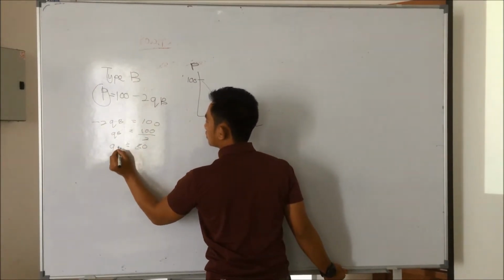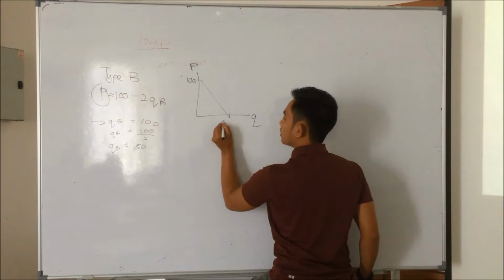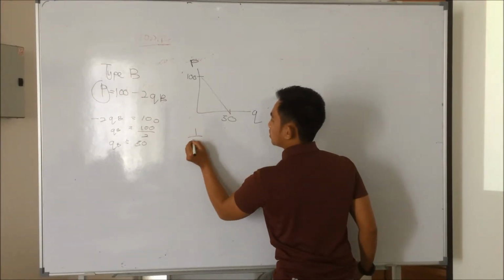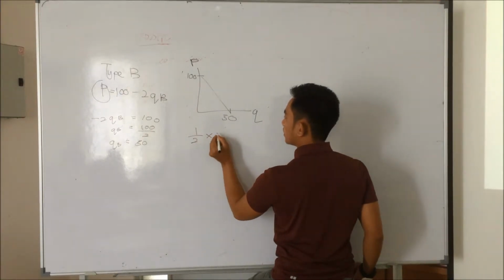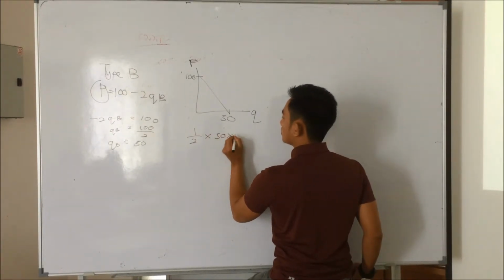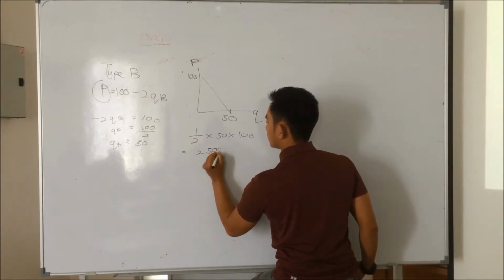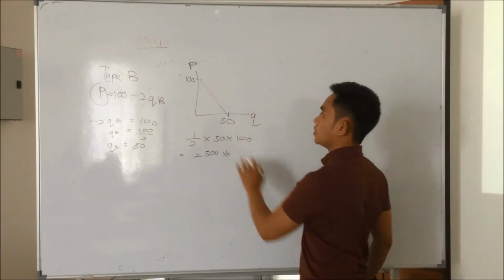The quantity is already obtained. The triangle formula is half times base times height. The answer is 2,500. This is the answer for type B.